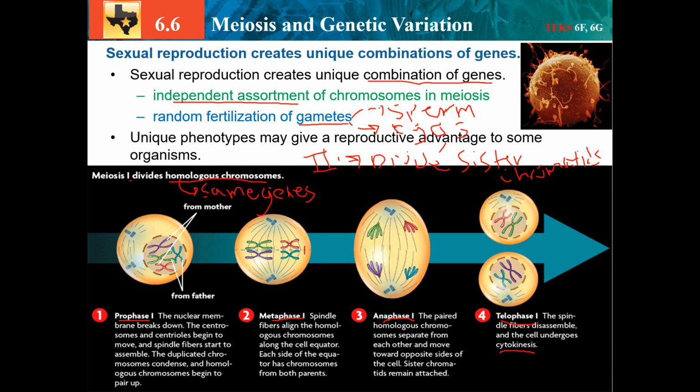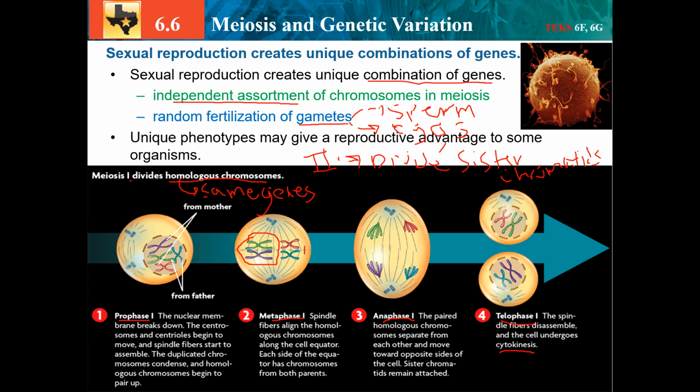And then in metaphase, the centrosomes have reached the opposite poles, and those spindle fibers have attached to the chromosomes. Then your chromosomes have lined up on opposite sides of the equator. And so these are homologous chromosomes, meaning, again, they have the same genes. And so they line up in pairs, where one pair is on one side of the equator, and one pair is on the other side of the equator.